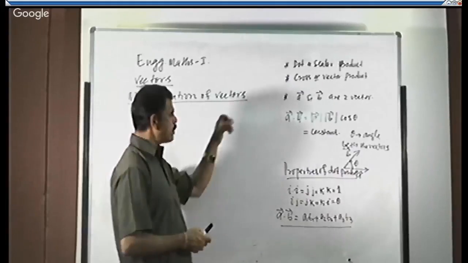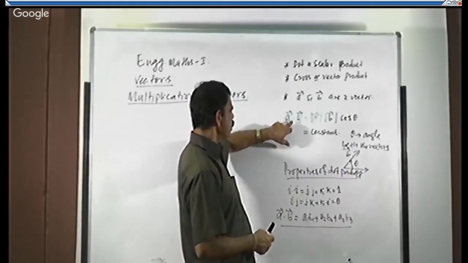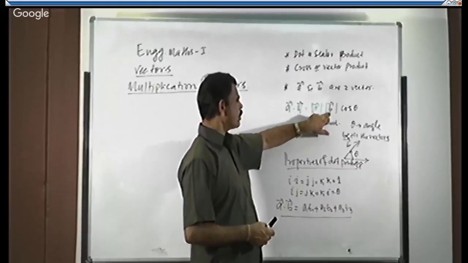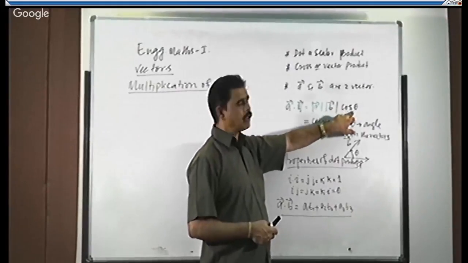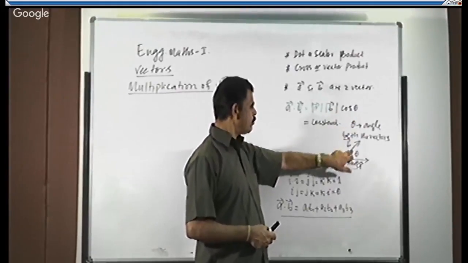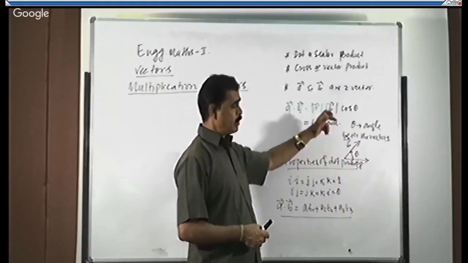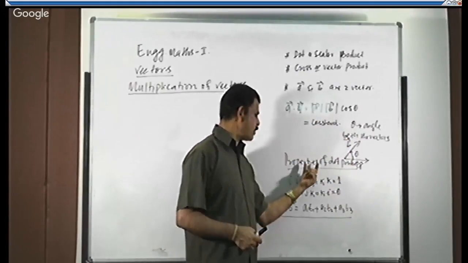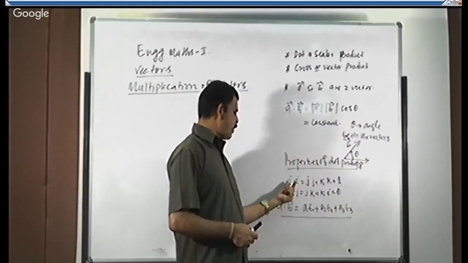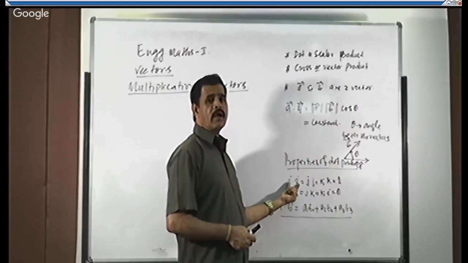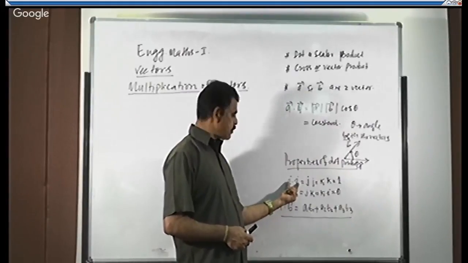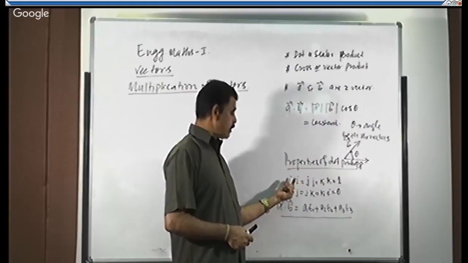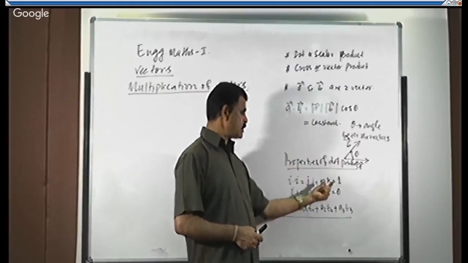So I will repeat it. Dot product definition is A dot B is equal to magnitude A, magnitude B into cos theta. Theta is the angle between the two vectors. And we also discussed these properties. If I take two unit vectors along the same axis, their dot product is always equal to 1.